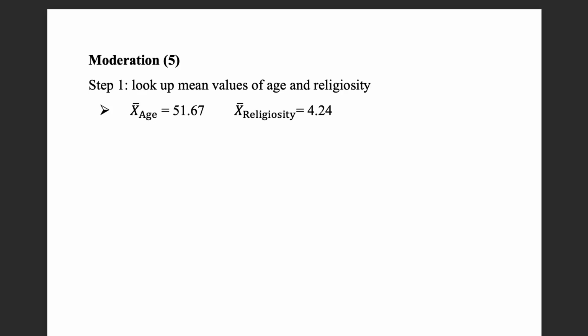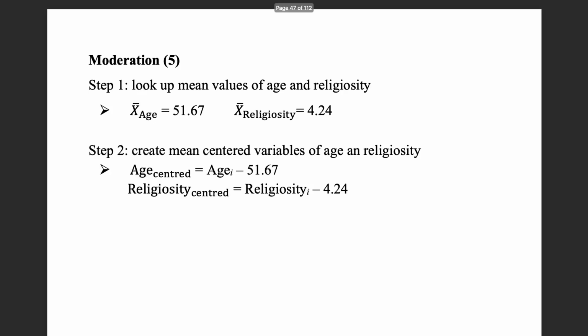So I looked up the mean value of age in my data set, and it turned out to be 51.67. And I looked up the mean value on religiosity in my data set, and that turned out to be 4.245. Right, so now I know what the mean of age is and what the mean of religiosity is. So now I can create two new variables in my data set that are mean-centered versions of age and religiosity.